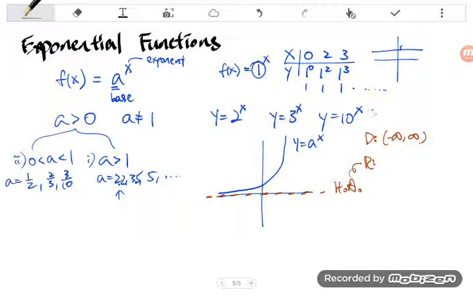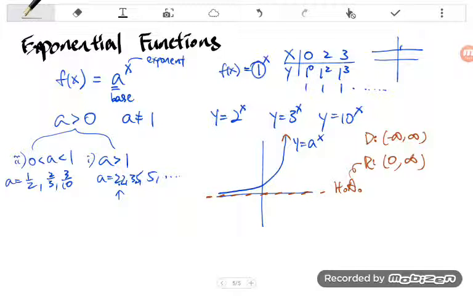And as a side note, vertical asymptote has something to do with my domain, and horizontal asymptote has something to do with my range. So in this case, my y value can never be 0, so my range is 0 with the parentheses, and then it's going to go all the way to positive infinity. So this is my domain and range of a basic typical exponential function.